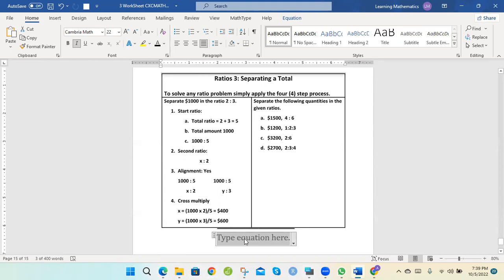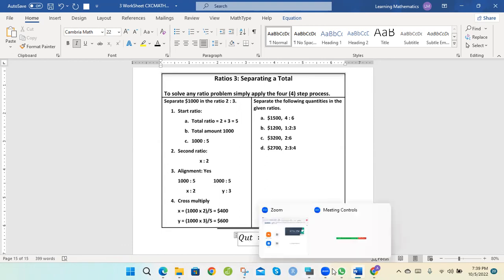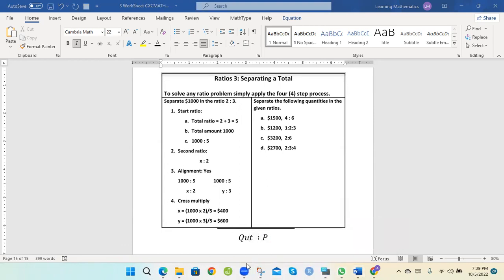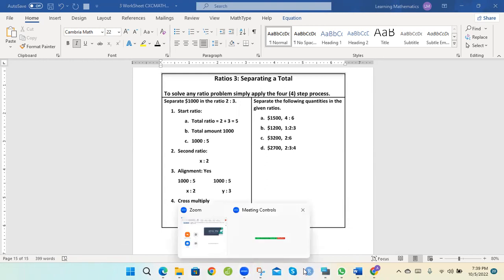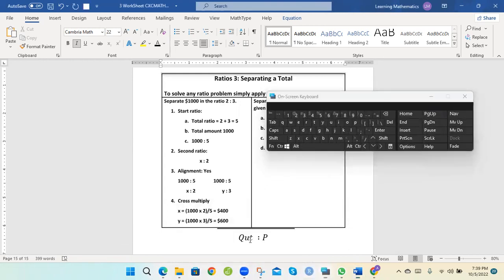So bear that in mind. You can put QANT for quant, because it doesn't have to be a complete word, and parts. Okay, that's the labeling ratio.